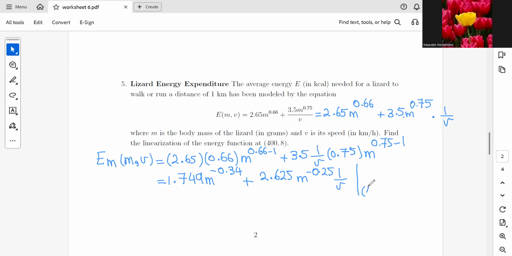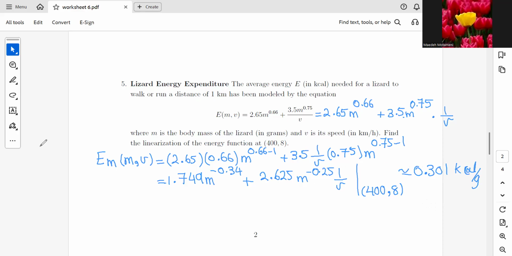At the given point, which is 408, 400 is m and 8 is v. So using a calculator, this will be approximately 0.301 kilocalorie per gram.